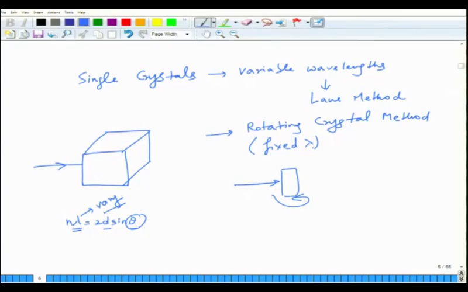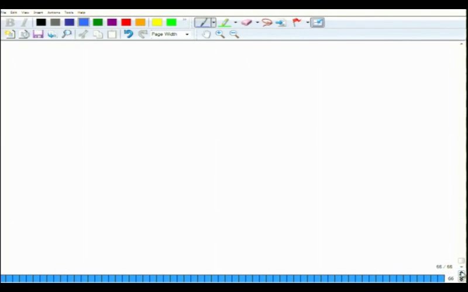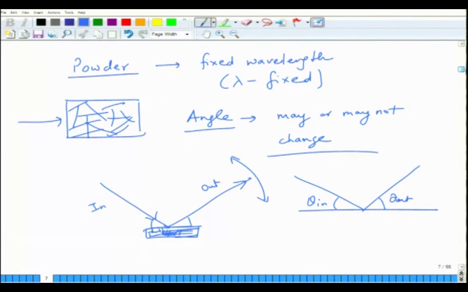So, these are the 3 methods which we use for diffraction in crystals. The Laue method has variable wavelengths for single crystals, the rotating crystal method has fixed wavelength, again for single crystals. Then we use the powder method for powdered or polycrystalline specimens.